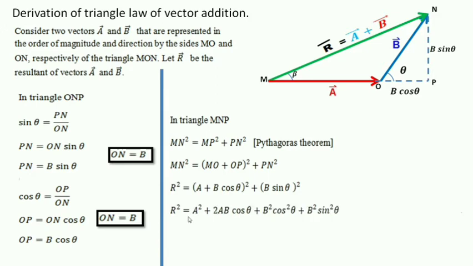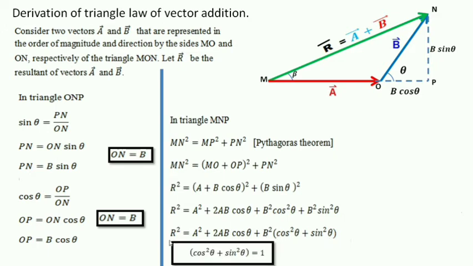After putting the values, we'll open this bracket, then we'll get this. If you take this b square common, you will get cos square theta plus sine square theta, and you know cos square theta plus sine square theta is 1. So out here I'm putting 1.